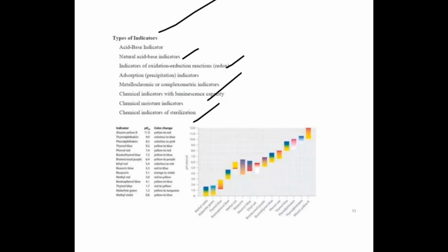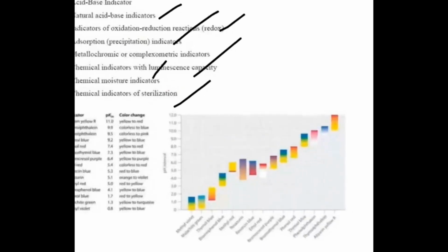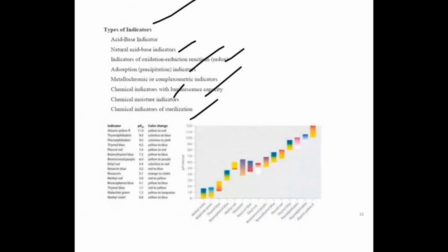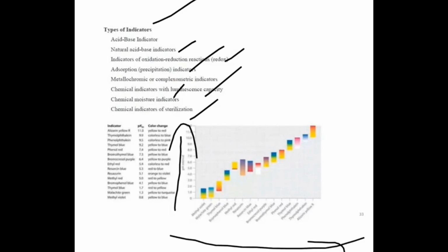So depending on the structures and characteristics, they will have different indicators. In that plot we can see different indicators and their pH. It can be seen here, whatever the pH range and types of indicators.